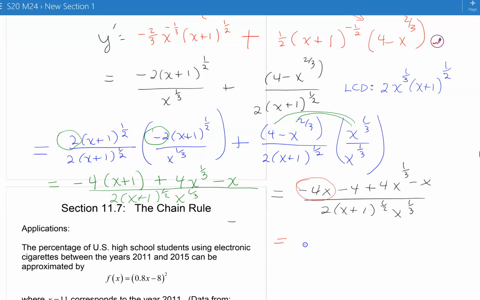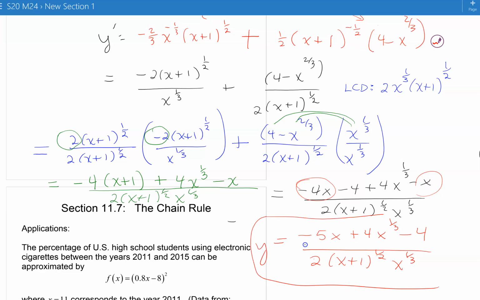We have -4x minus another x, -5x, plus 4x to the 1/3 minus 4 over 2 times x plus 1 to the 1/2, x to the 1/3. So that is our final answer.